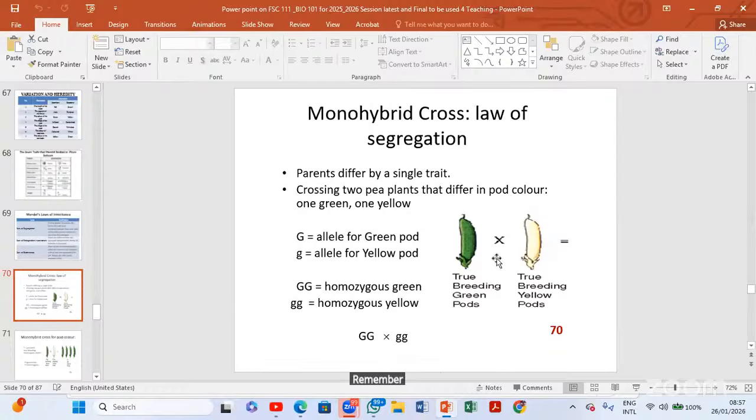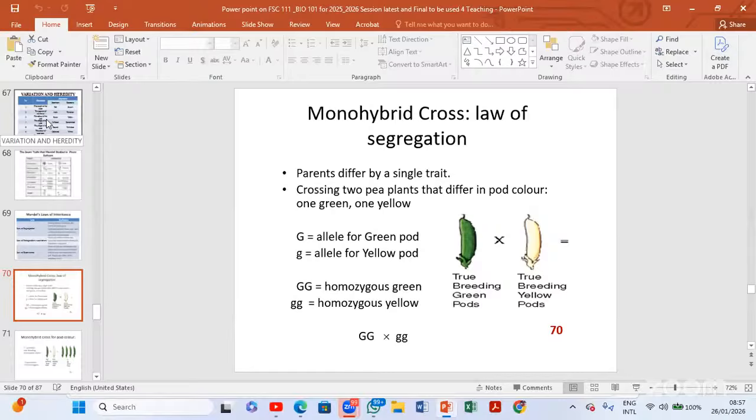Remember, I've told you earlier on in the table that green pod is dominant over yellow pod.